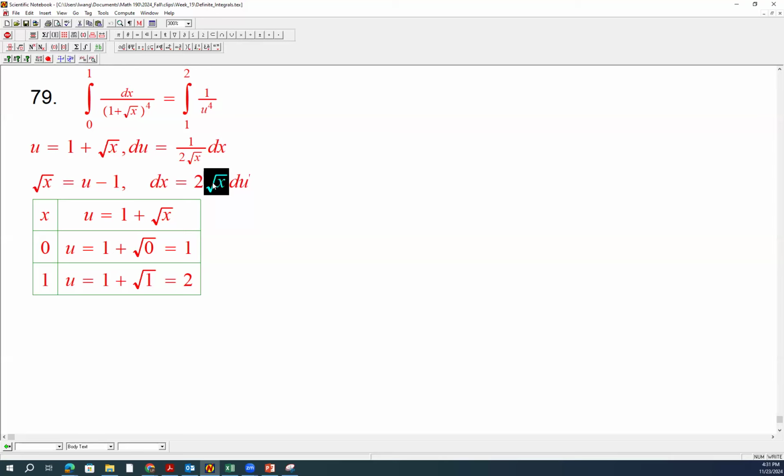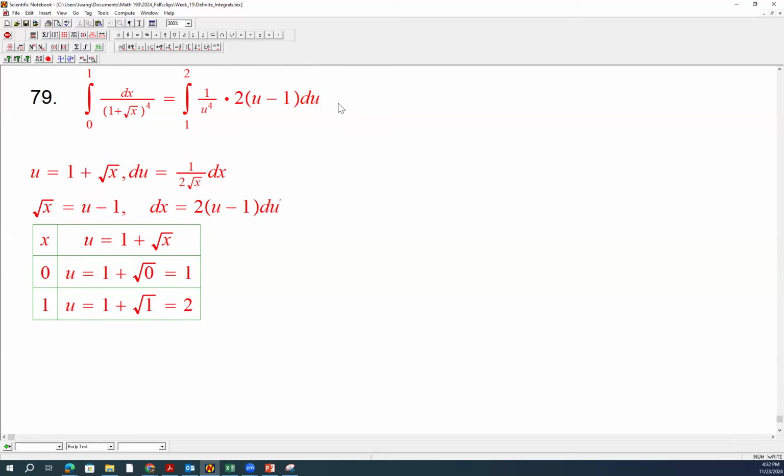So root x will be replaced by u minus 1. When we are replacing dx, we replace dx by 2 times u minus 1 du. This one has a little bit more complexity, so please practice if you find it a bit difficult.